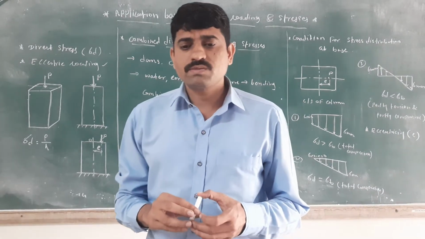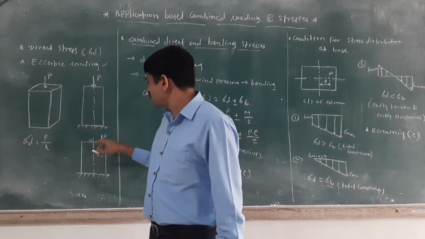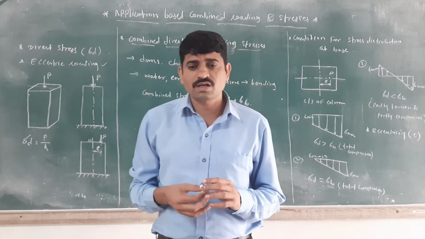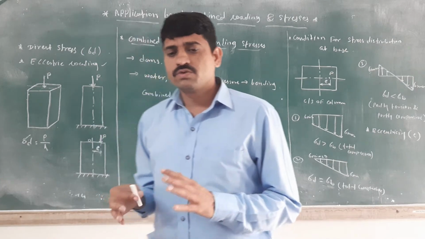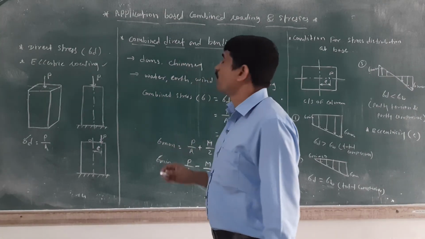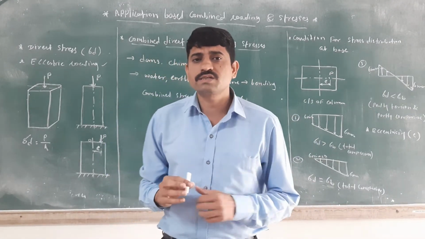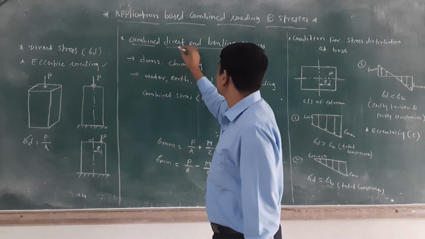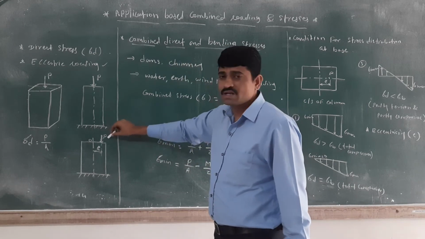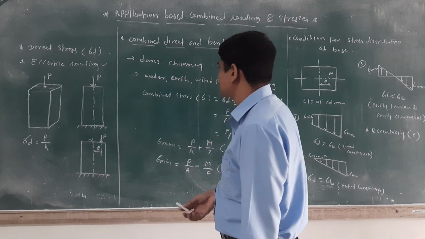When the member is subjected to the eccentric load P, whose definition we have seen, both direct and bending stresses are induced. This resultant stress is called the combined direct and bending stress. If there is eccentric loading, then you will get the combined direct and bending stresses.